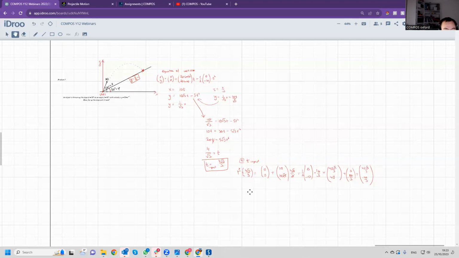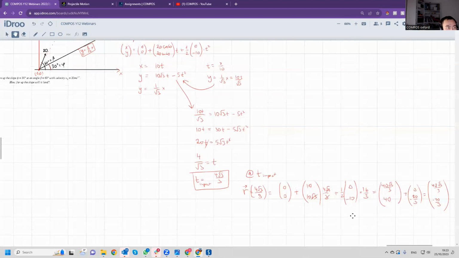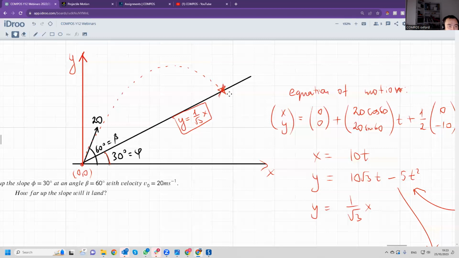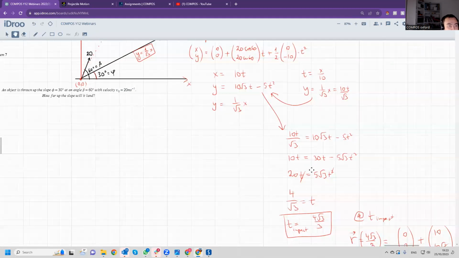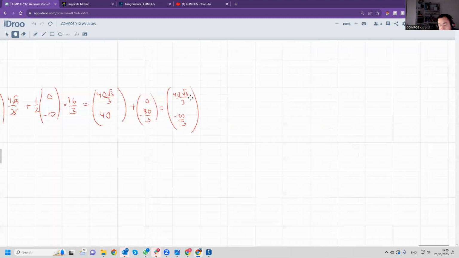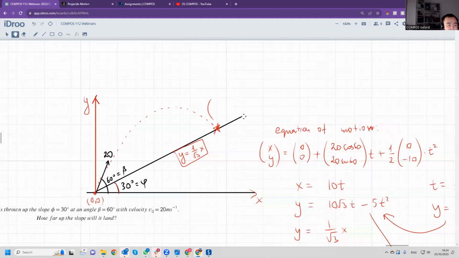The question is how far. So how far, that means we find the modulus. So the point where it crosses is this, because that's where the object is. The beautiful thing about the equation of motion is that it tells you where the object is at any given time.